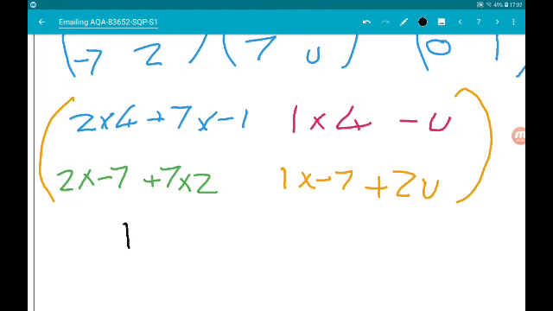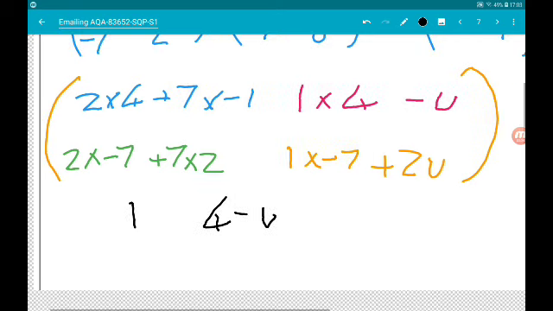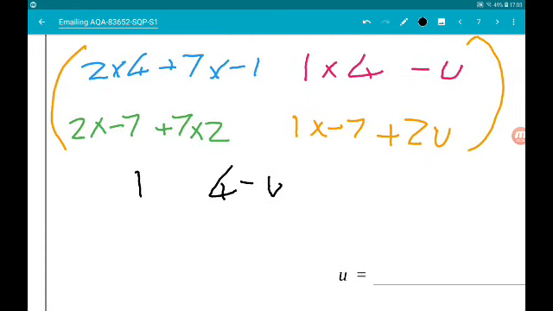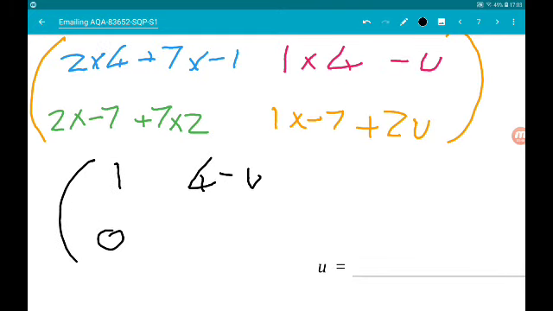Top right, 1 times 4 minus U is 4 minus U. Bottom left, 2 times minus 7, add 7 times 2 is 0. And then bottom right, 1 times minus 7 is minus 7, add 2U.